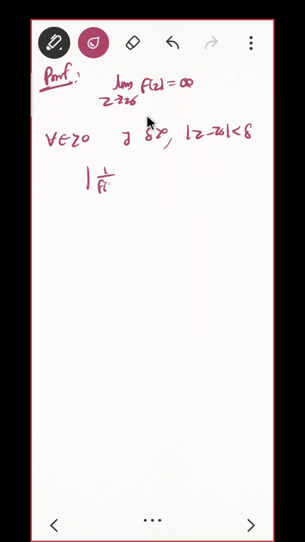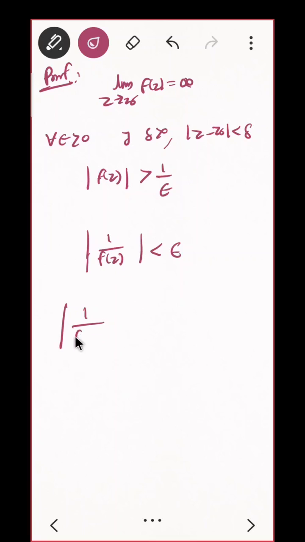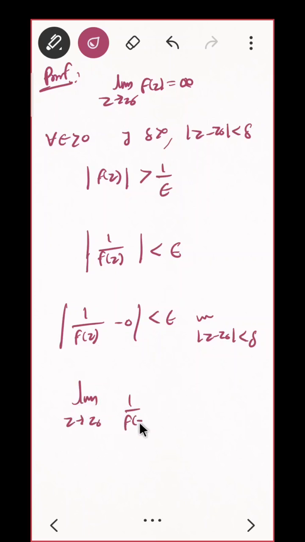F of z, since we are writing the definition, is greater than 1 upon epsilon. So later on you can change this as 1 upon f of z is less than epsilon. Correct? Now if this is less than epsilon, I can write it as mod of 1 upon f of z minus 0 less than epsilon, whenever mod of z minus z naught is less than delta. So you have limit z tending to z naught 1 upon f of z is 0. This is what you are supposed to prove, correct?